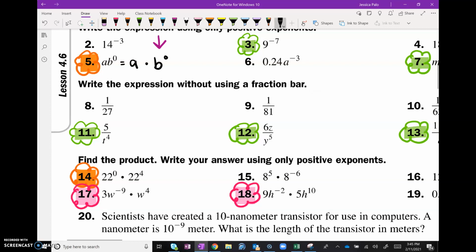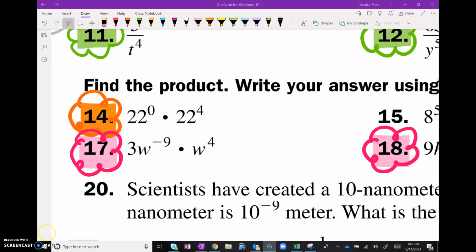So you are multiplying a times b to the 0 power. All right, and number 14. This one is already separated for you. This one is 22 to the 0 power times 22 to the 4th power.